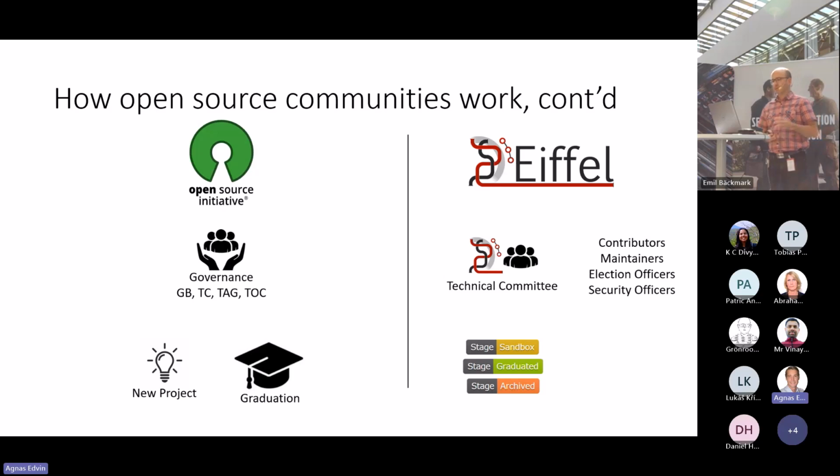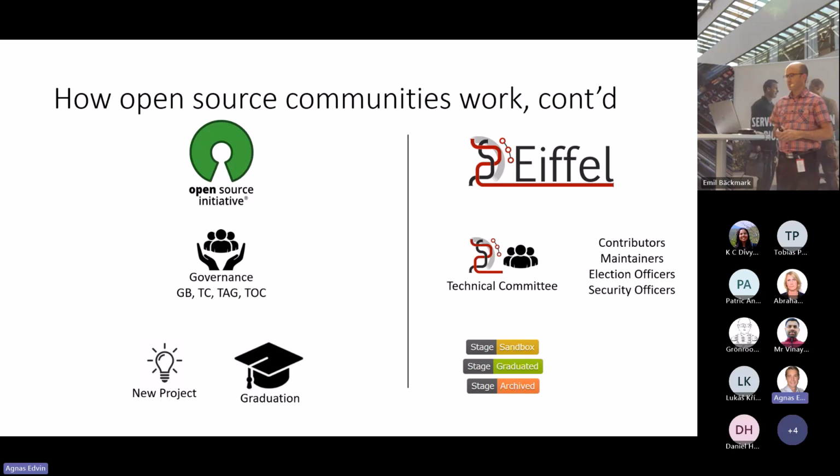And in Eiffel we have these 3 different levels of the life cycle of the projects. First is sandbox, and then we have the graduated stage. And maybe the main characteristic of that stage is that the maintainers of that project come from more than one company.